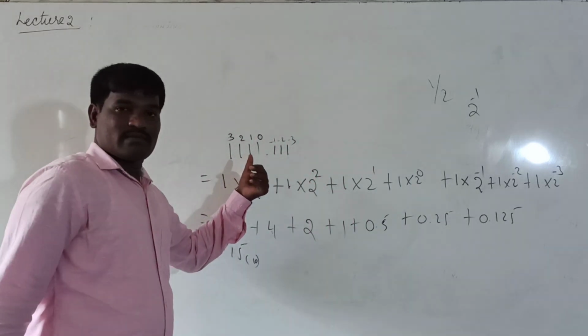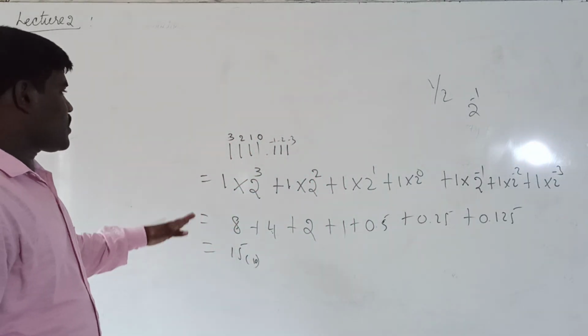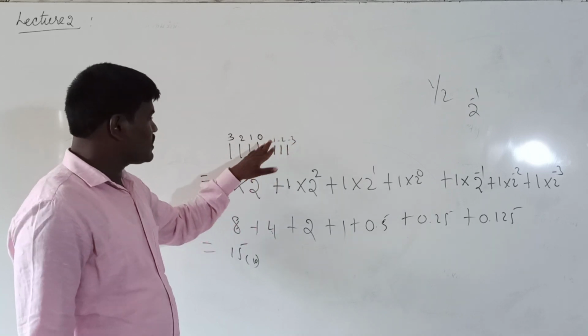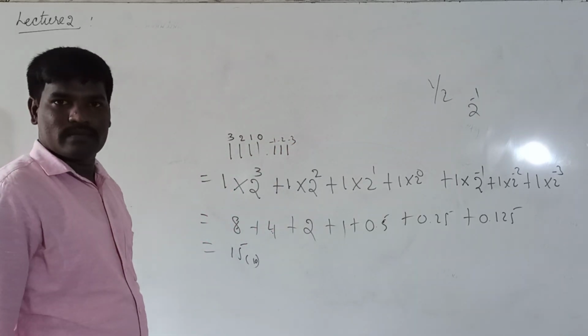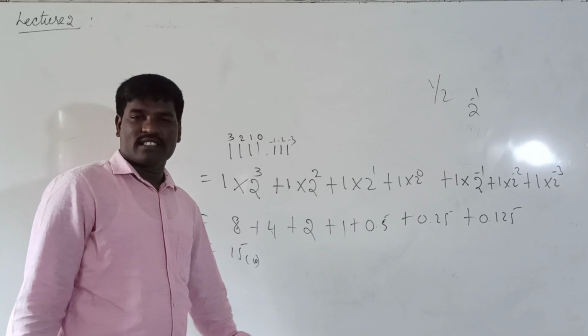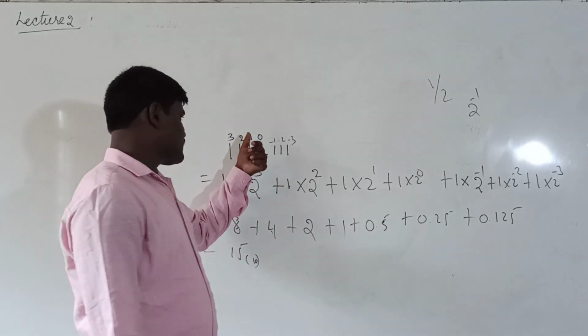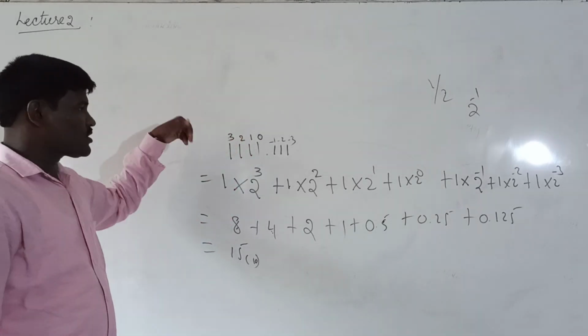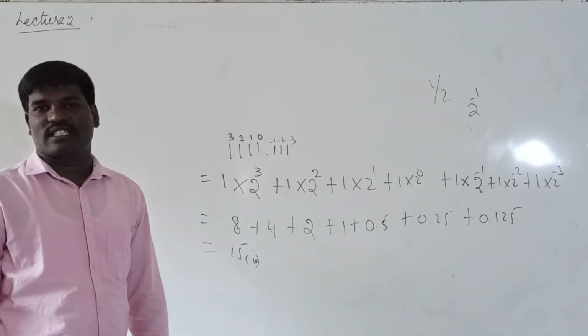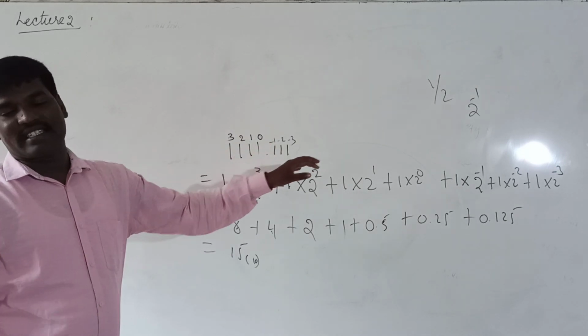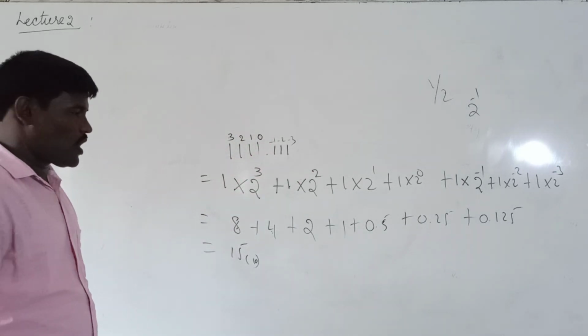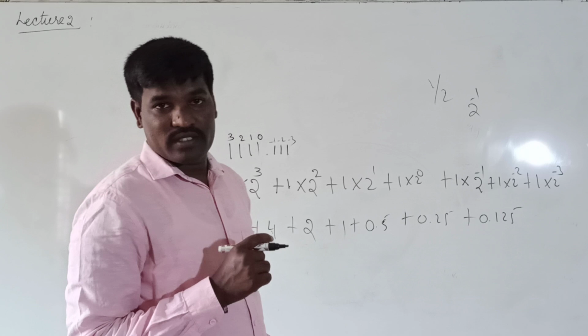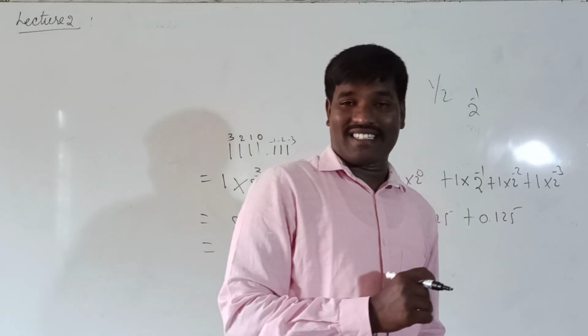In the integer part, you have to write the powers from right to left. That is, the unit place power is 0, tens place power is 1, hundreds place power is 2, next is 3. If it is a 5 digit number, the power is 4. If it is the fractional part, we write negative values: minus 1, minus 2, minus 3.